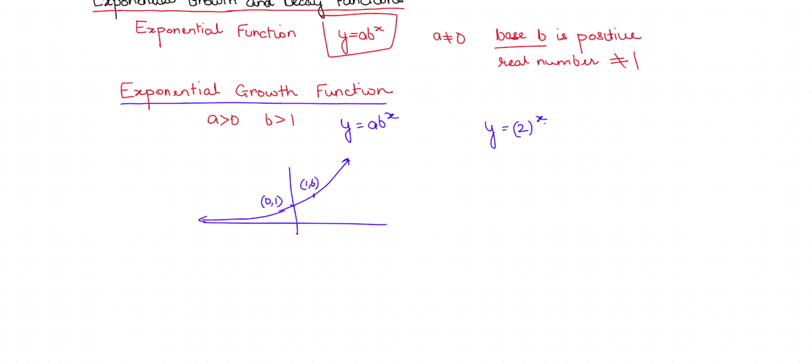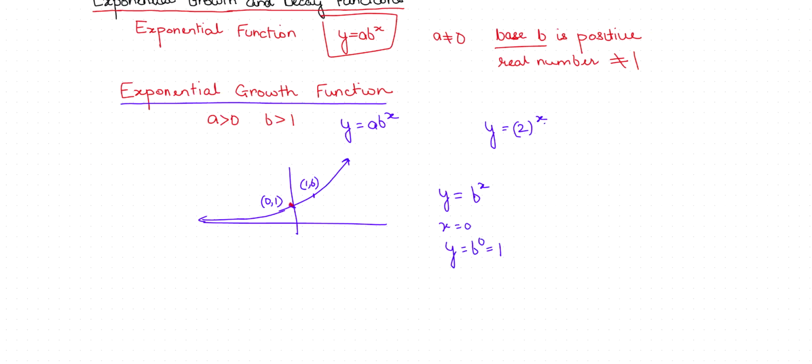So we see this is a graph of an exponential growth function, and if we put a is equal to 1, the graph would be like this. And when x is 0, y is equal to b raised to power 0 and it will be 1. So this is the point here, coordinate (0, 1).